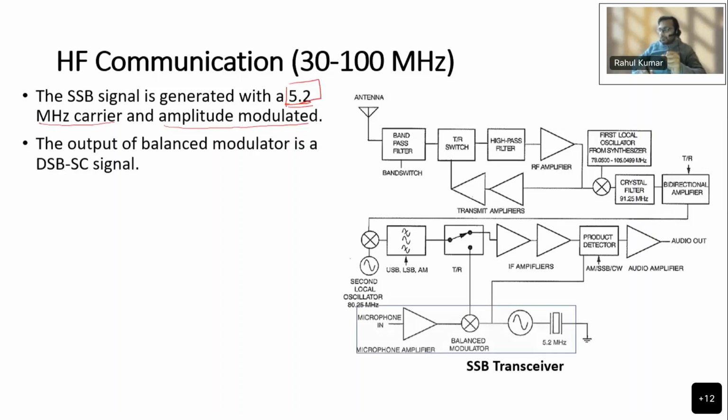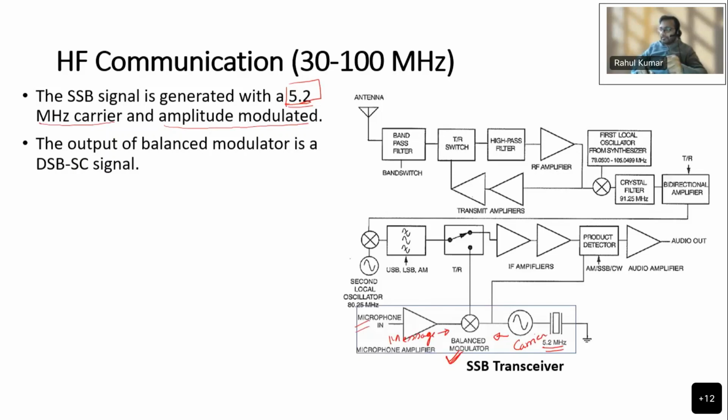So at this balanced modulator we combine the audio signal with a 5.2 megahertz carrier. Okay, so the carrier signal is coming from this side and your message or audio signal is coming from the other side, and they are both combined at the balanced modulator.